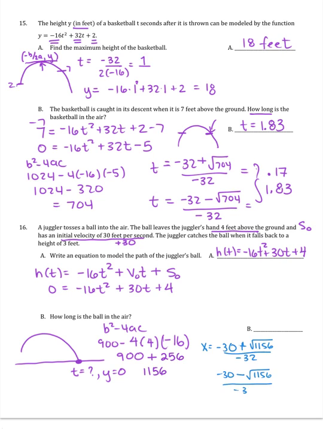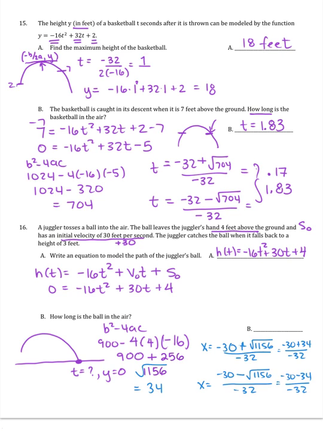Now the nice thing about this problem is it turns out that 1156, the square root of that, is a perfect square, it's 34. So we are going to have negative 30 plus 34 divided by negative 32, and negative 30 minus 34 over negative 32. So 34 minus 30 is 4 over a negative 32.